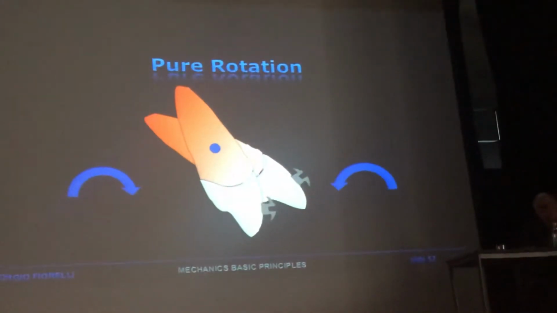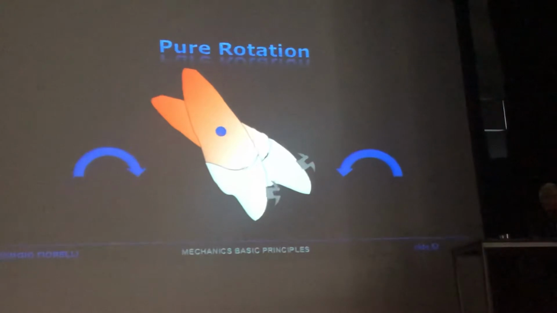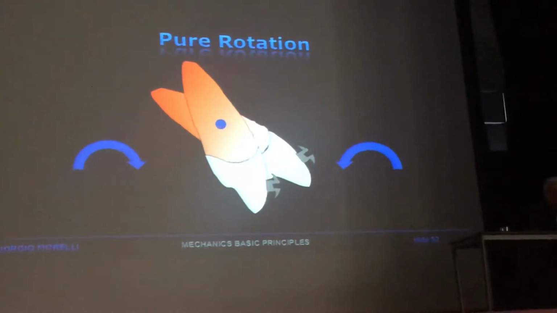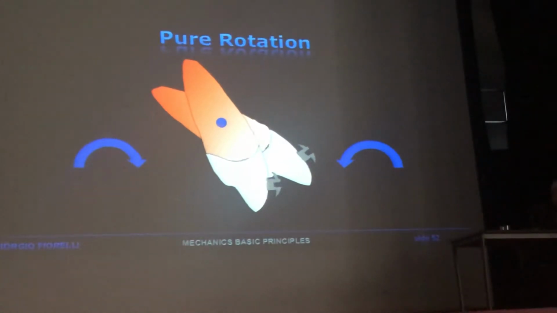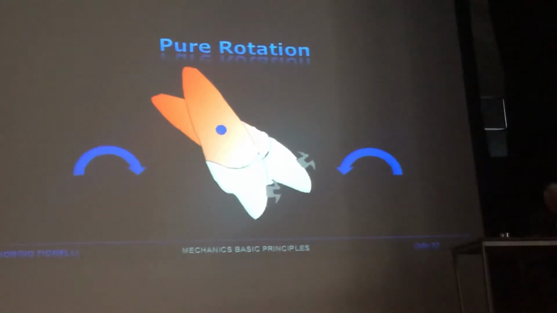And what is rotation, on the other hand? Rotation in two dimensions is a movement where the center of resistance is staying exactly where it is, while all other points of the rigid body, which is the tooth, are rotating around the CR. In other words, the pure rotation is not moving the mass of the tooth.